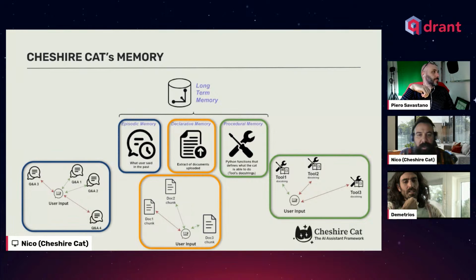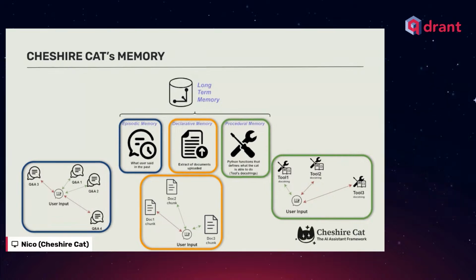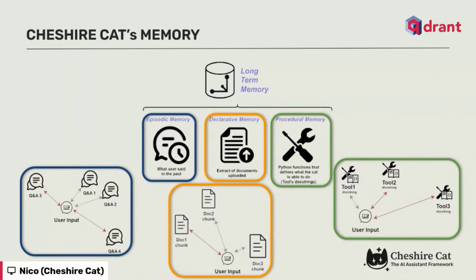We have a long-term memory in three parts: the episodic memory, where we store and manage the conversation, the chat; the declarative memory, where we store and manage documents; and the procedural memory, where we store and manage the tools.